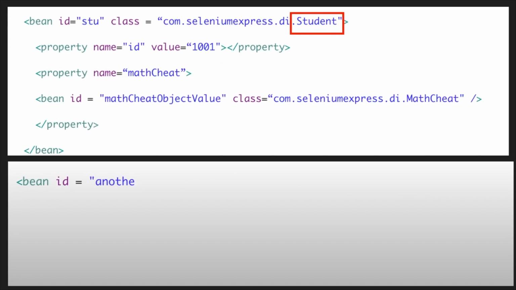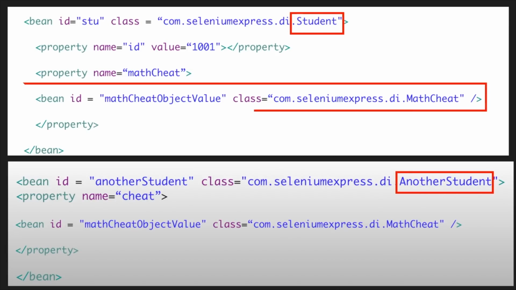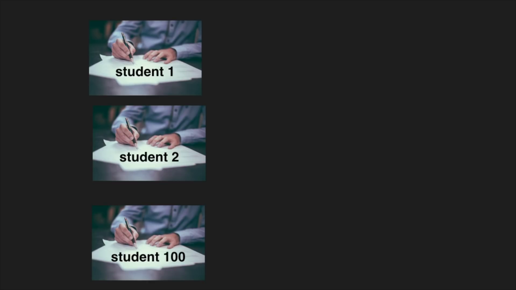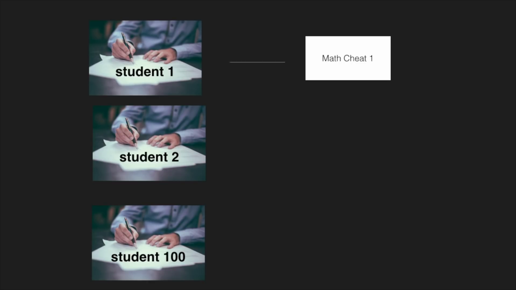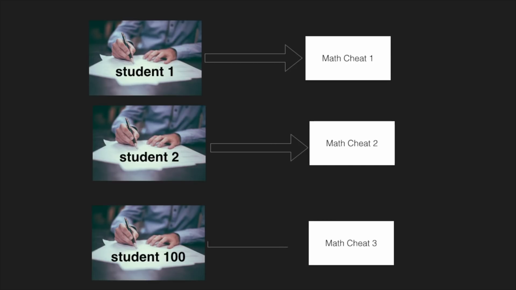Let's say I have around 100 students. All the 100 students are my friends. They are also bad. They also need cheat, and if we all are going to do cheating, how many math cheat objects will be created? 100, because we are 100 and all the 100 students will need different cheat. That's not good. That consumes a lot of memory.